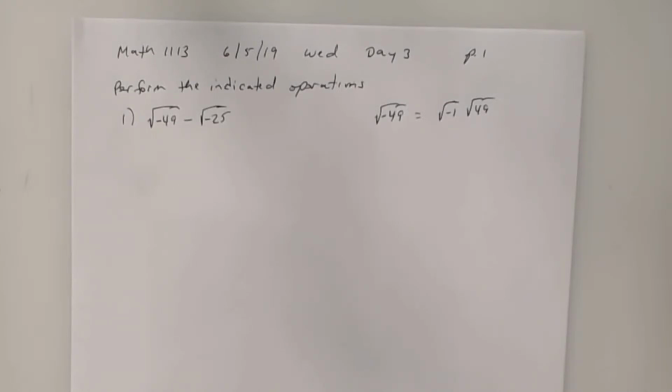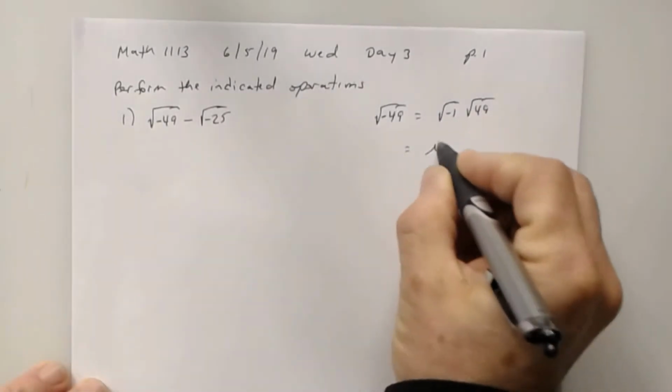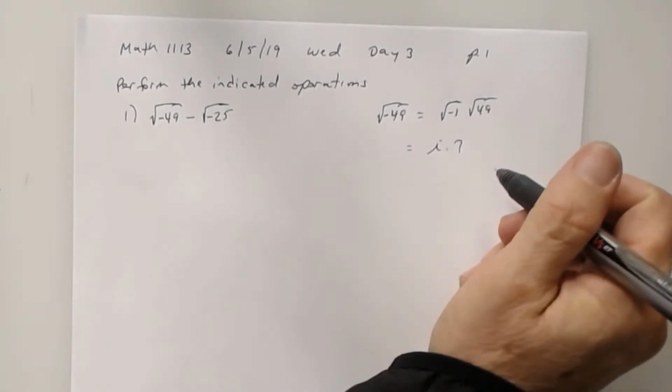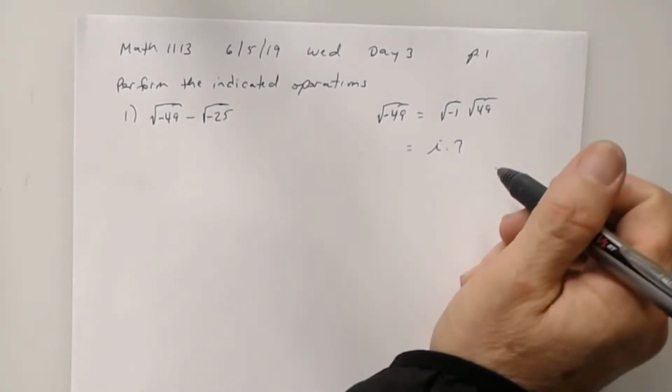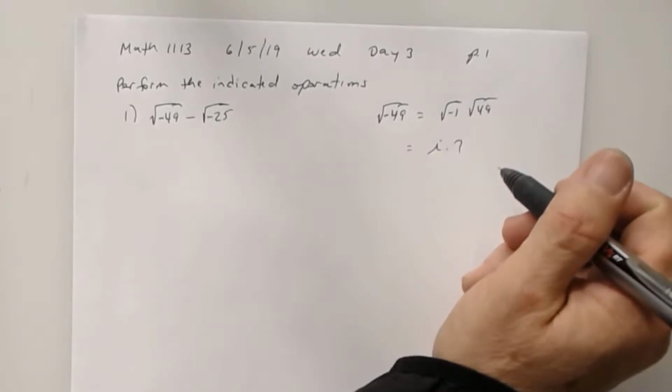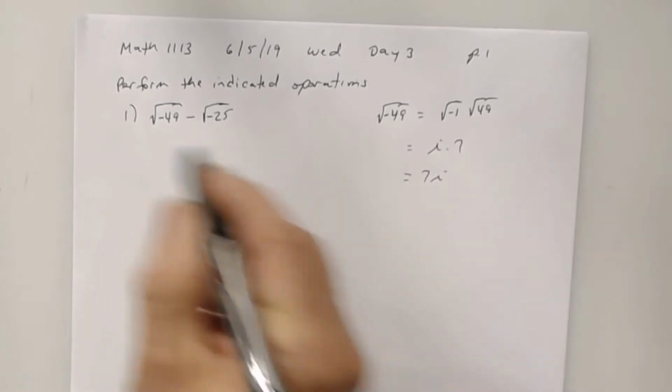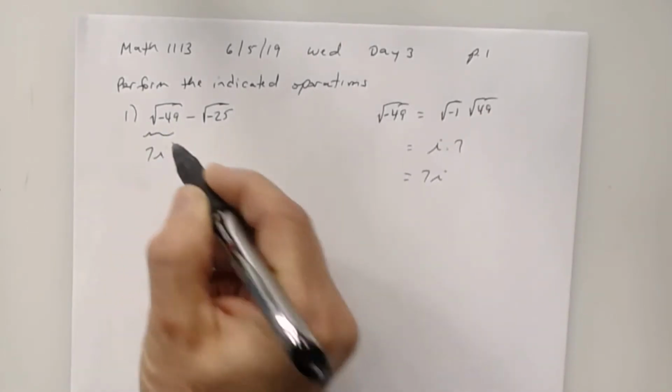That was one of your definitions. It's i. What's the square root of 49? So this is i times 7, but don't write it as i times 7. Mathematically, we prefer to write it with the coefficient listed first. So this part is just 7i.